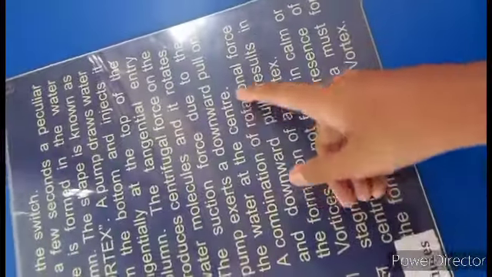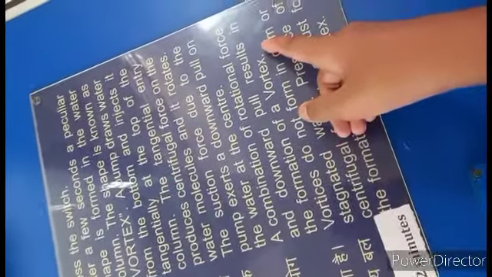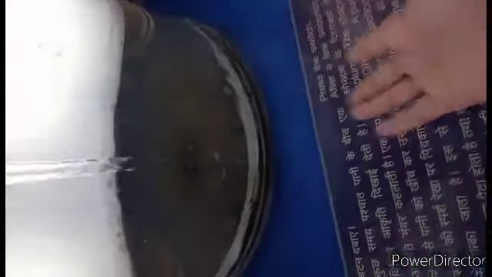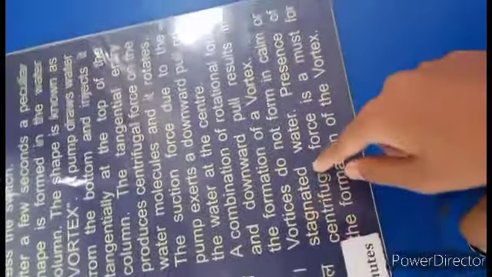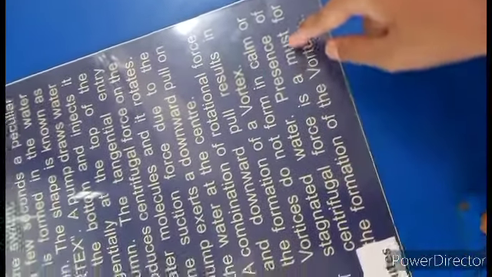A combination of rotational force and downward pull results in the formation of a vortex. And vortices do not form in stagnant water. The presence of centrifugal force is a must for the formation of the vortex. On to the next one.